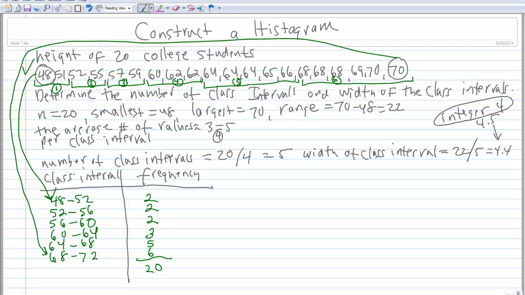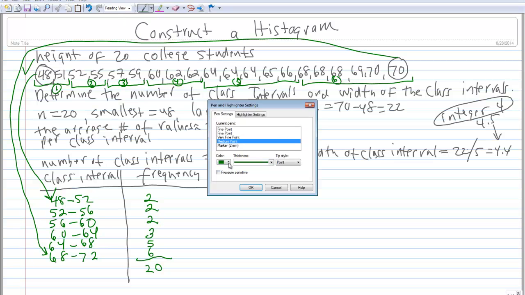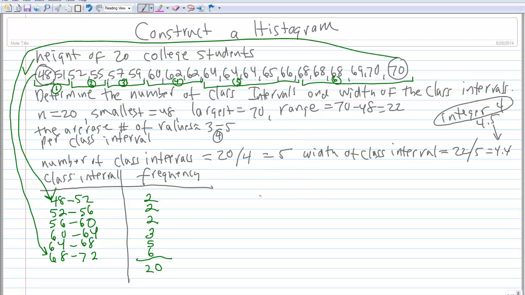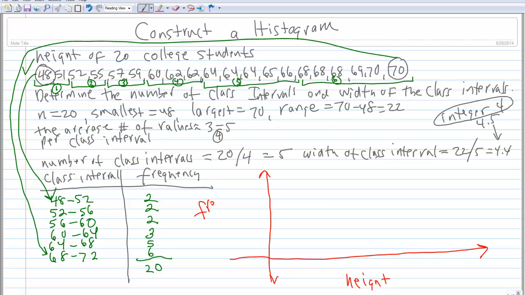Now what we're going to do is take the information in our summary table and use that to construct our histogram. So here we go. So we draw our axes. We're going to label this one as the height, and this one over here as the frequency.